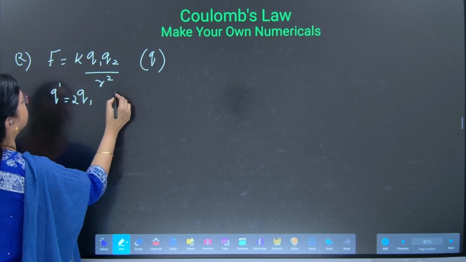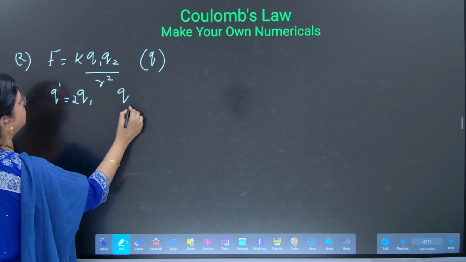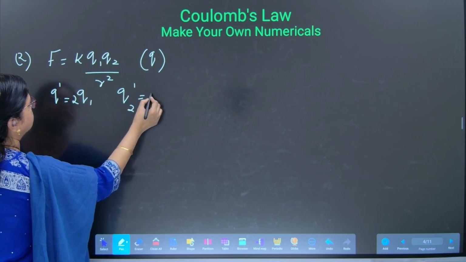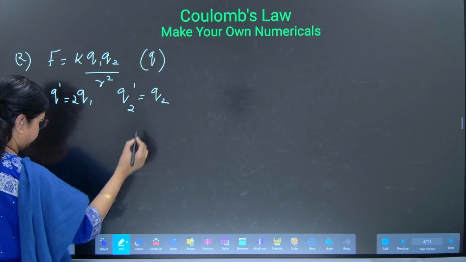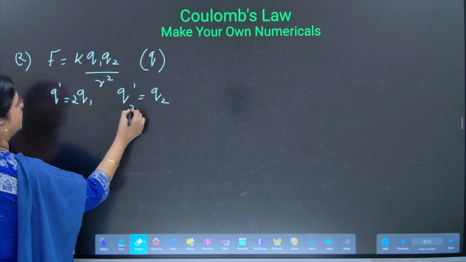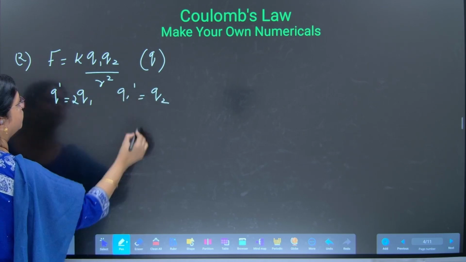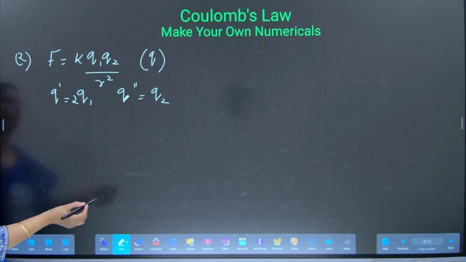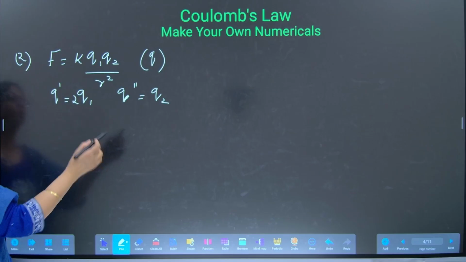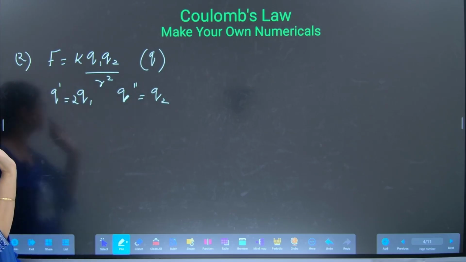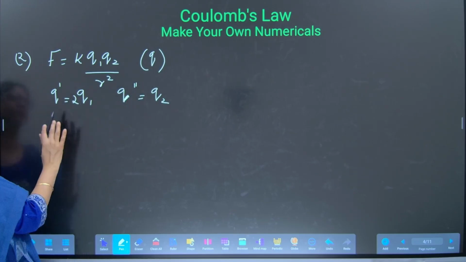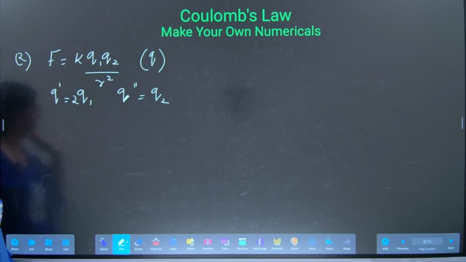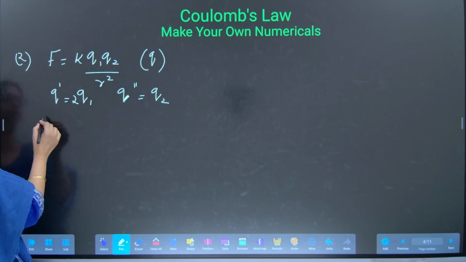We have kept the charge Q2 as it is, so let us name it Q2 itself. So in the new format we have Q dash as 2Q1 and Q double dash as Q2 itself. We didn't change Q2. We only doubled Q1. Now let us substitute and find out the new variation.